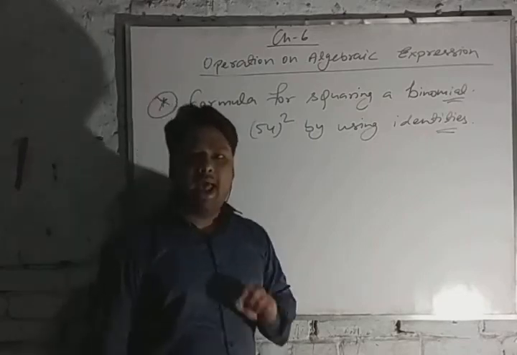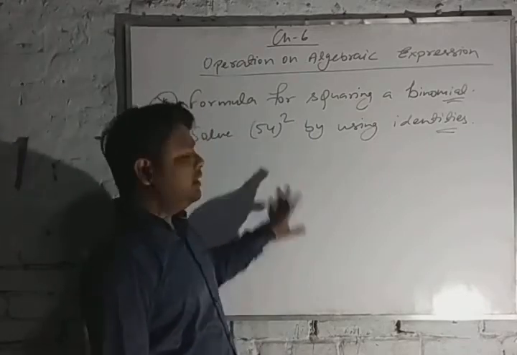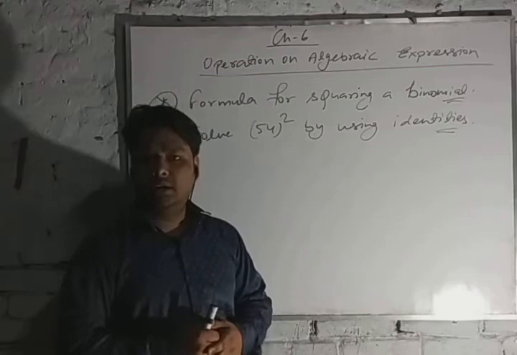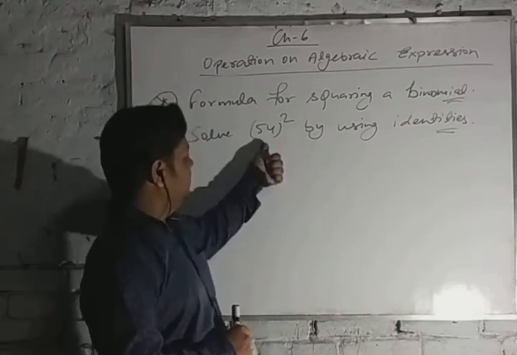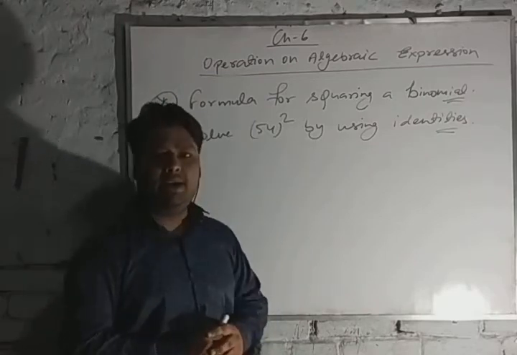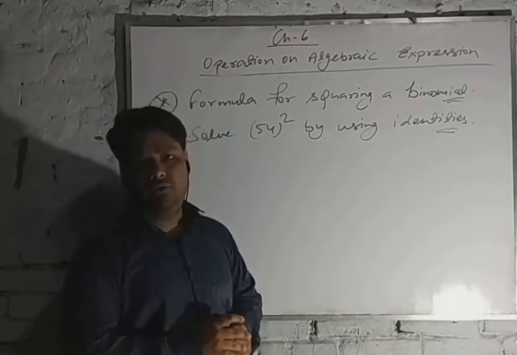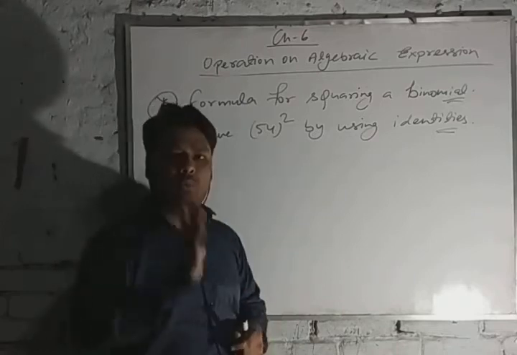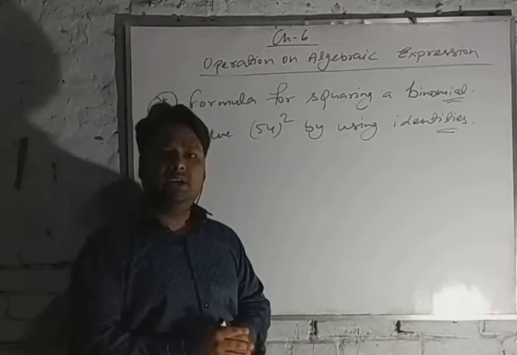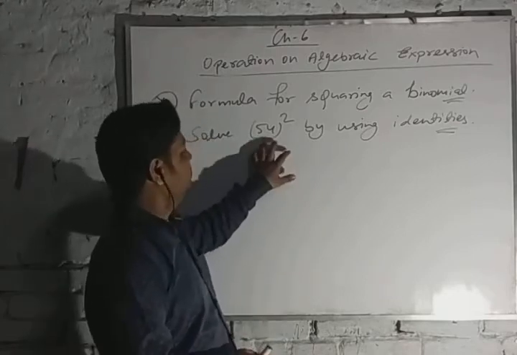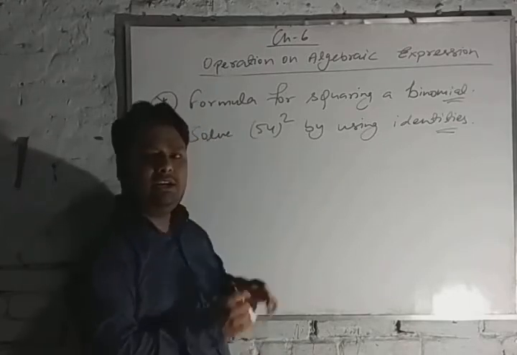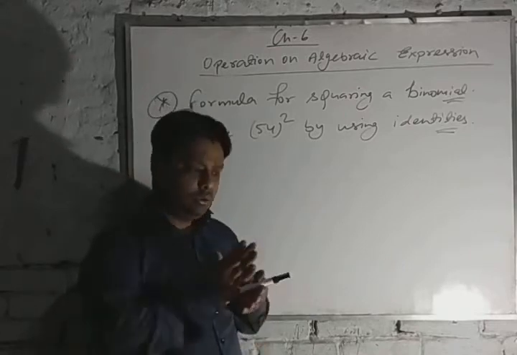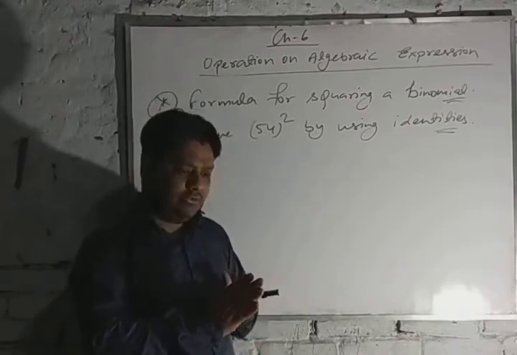If any 2-digit number or any 3-digit number is there, then we will expand it into 2 parts. We will see that the first part is nearly equal to 10, 20, 30, 40, 50.